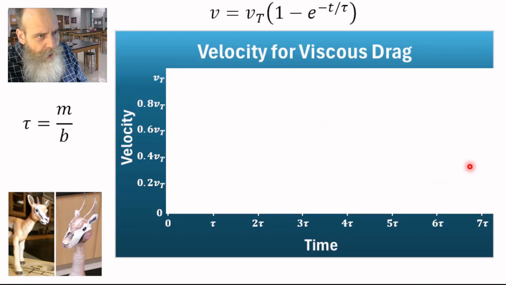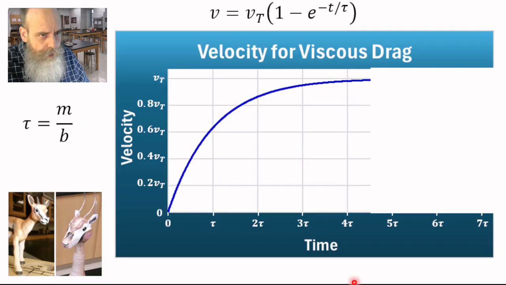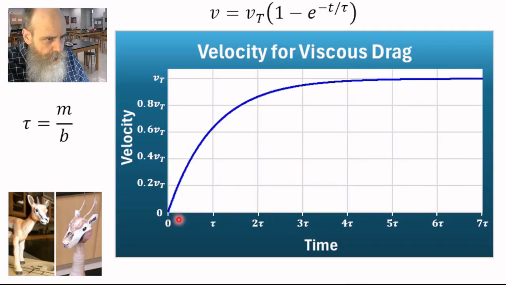Let's look at the graph of velocity versus time. Here we are plotting this function. The vertical axis is in terms of Vt, and the horizontal axis is in terms of the time constant tau. Here's what we get. It starts at 0, and it increases.